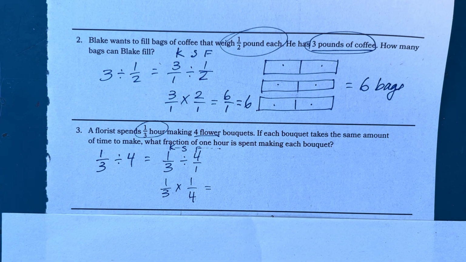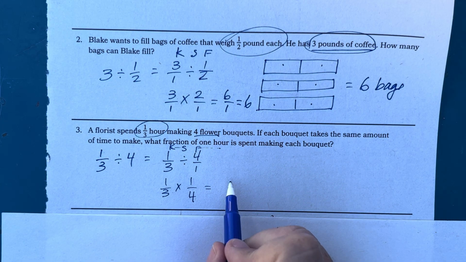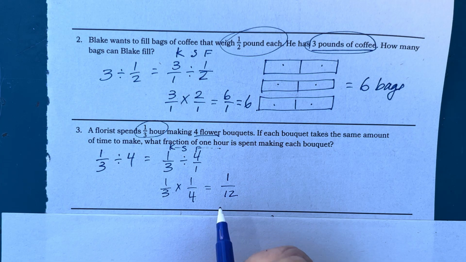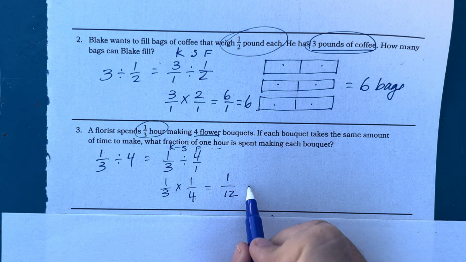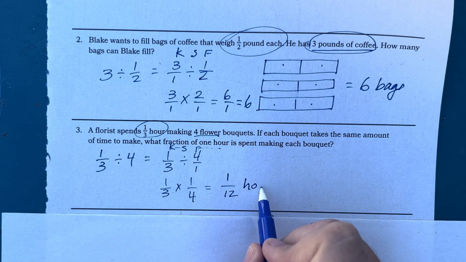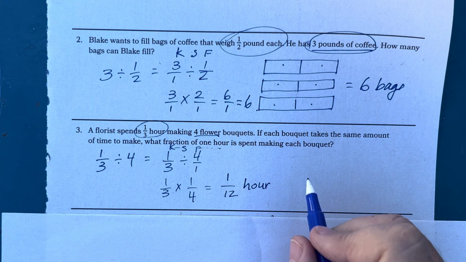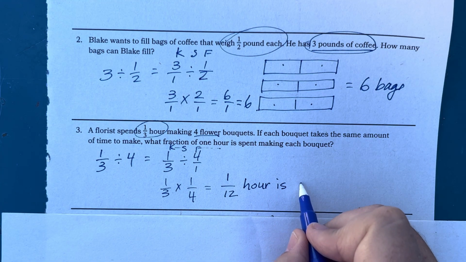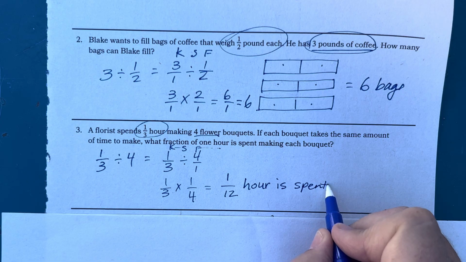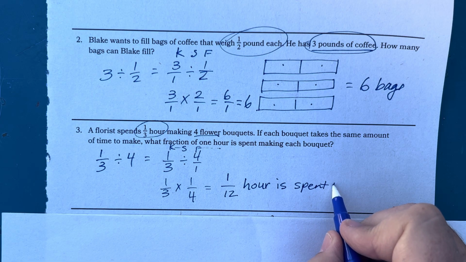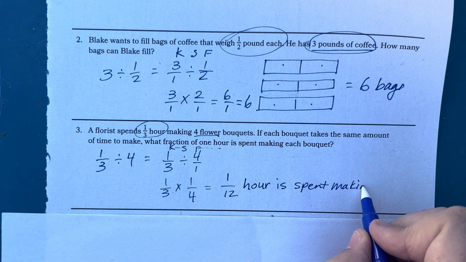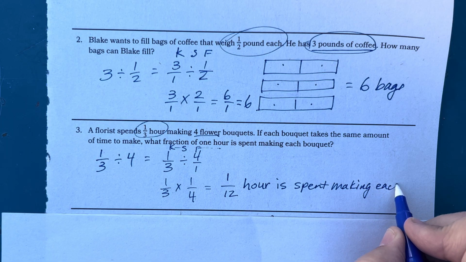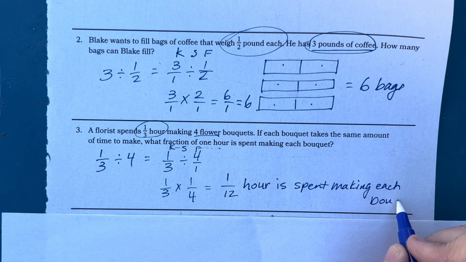So then I can multiply and I get 1/12. So 1/12 of an hour is spent making each bouquet.